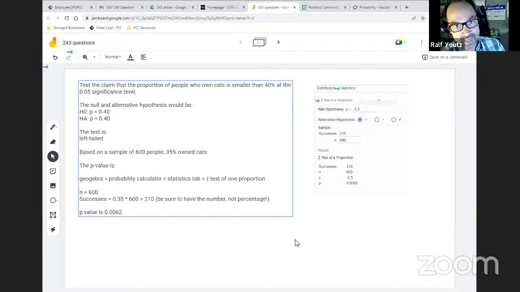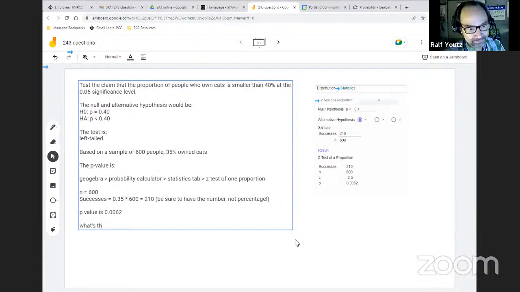Okay, the person did not ask, but what the number means is way more important than calculating it. What's that mean? This is the important part.